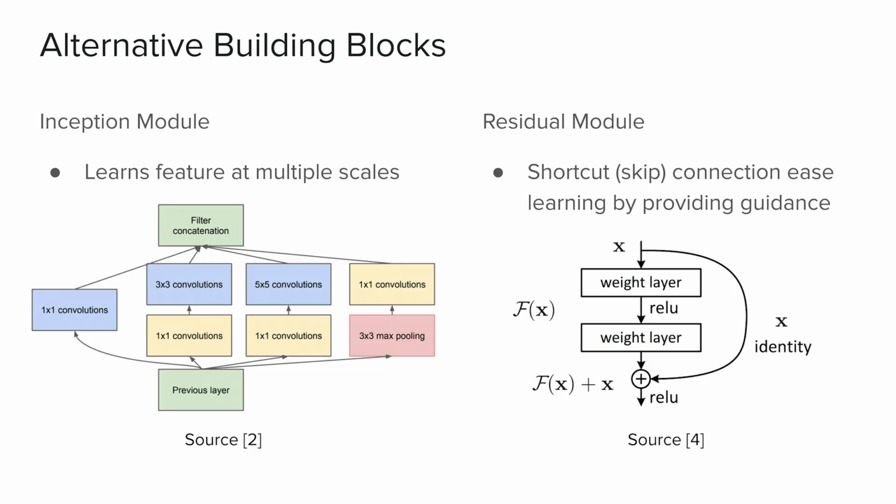So this shortcut allows information to flow past some layers for later stages, and therefore allows better information flow. And when you think about the residual module, we reformulate this block into a thing that gives the network guidance. So it learns in the convolutional filter what it should add or remove from the input X.